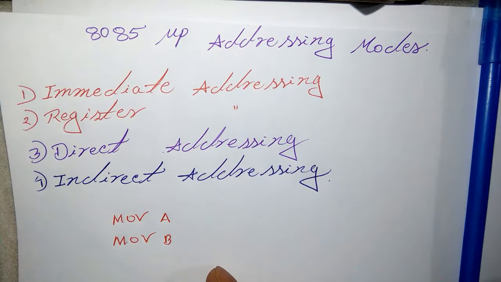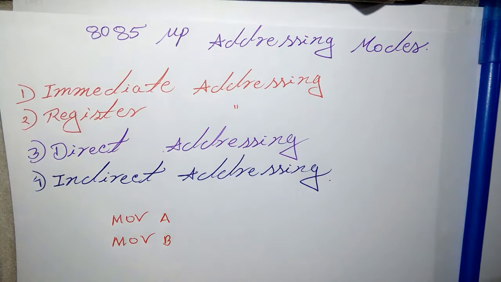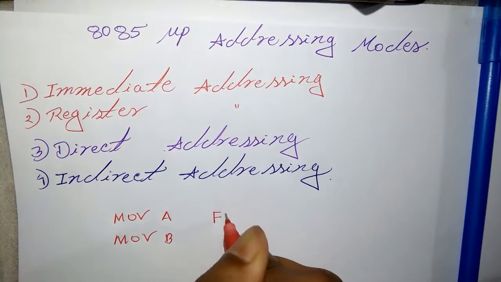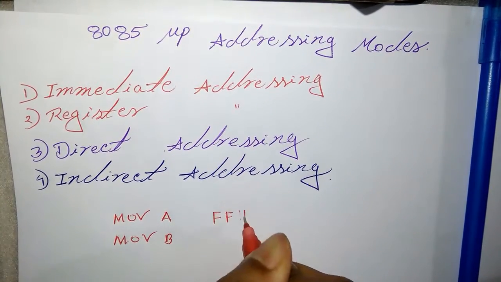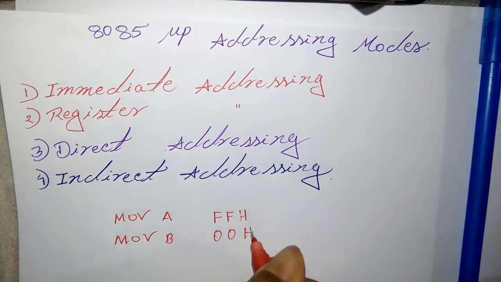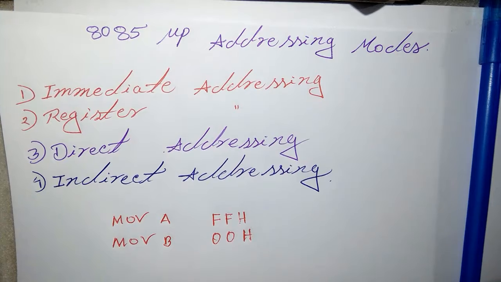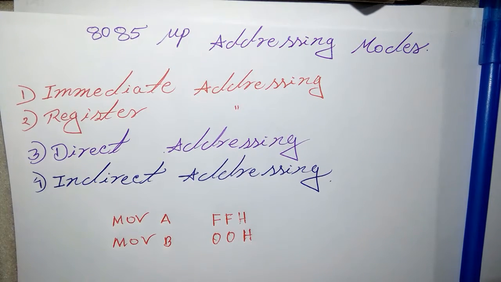In this instruction, the source can be a register, an input port, or an 8-bit number like FFH or 00H. Similarly, a destination can be a register or an output port.